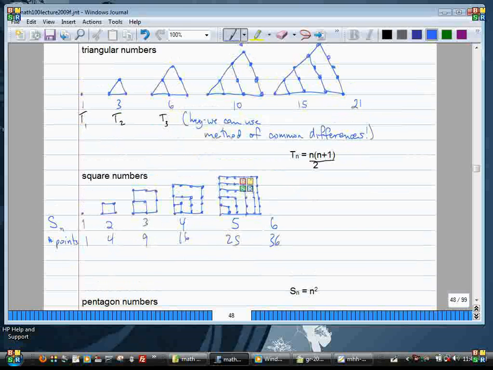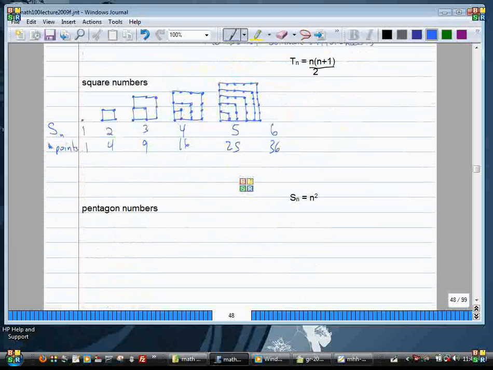Next one's a little bit of fun. Pentagon numbers. So this one's going to be a little different. So the first one is just a dot, 1 point. Next one we actually have a pentagon, and boy, I'm going to try to draw a pentagon. There you go. Okay. And how many dots do we have now? 5.